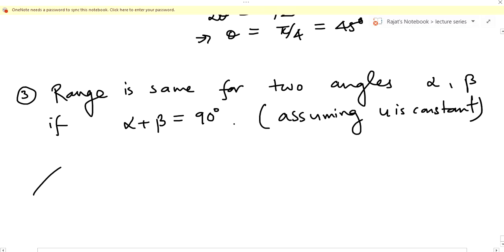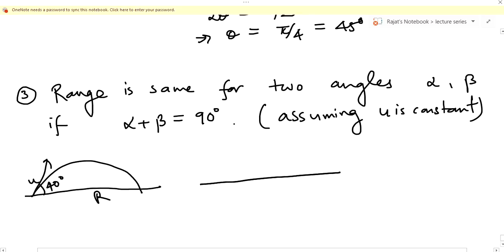Suppose you throw a projectile with velocity u at an angle, let us say 40 degrees, and if the range is R, then you throw the projectile again with u, and I want the range to be the same, but I want to throw at a different angle.